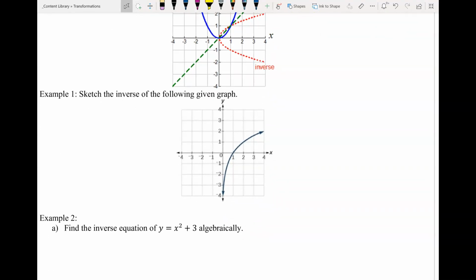So in our first example, we are going to find the inverse of the following graph. We're going to use the mapping that was given to us as a rule, that x, y becomes y, x. Now we're going to pick a few points from the graph that was given to us, and then we'll perform that transformation.